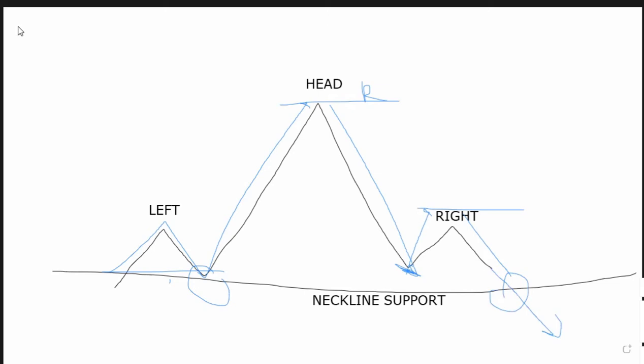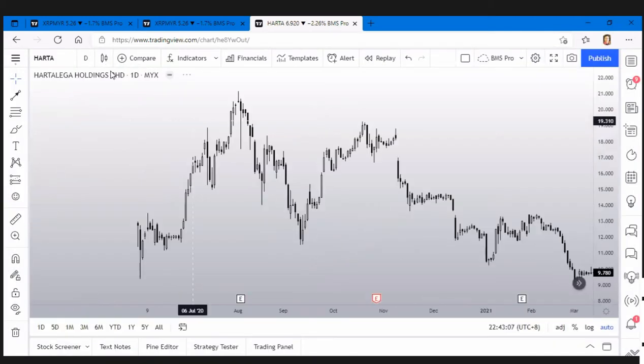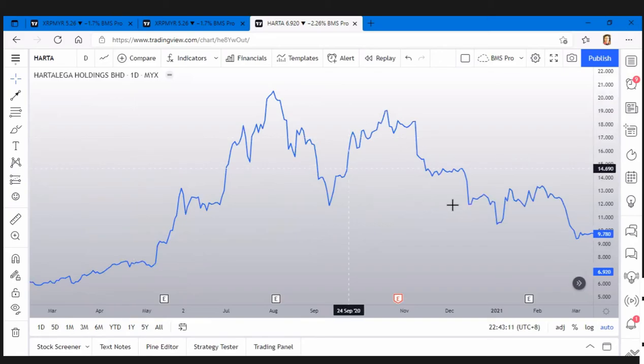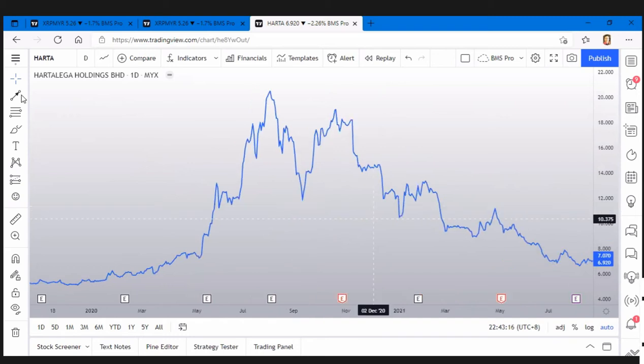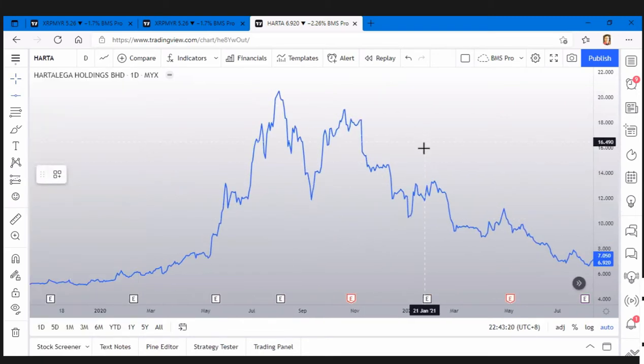All right, so there's a chart like this. Last time we saw one very obvious kind of head and shoulder. You can use the line to see the pattern. Yeah, you turn from candlestick to line, then you can see the pattern clearly. So you can draw the neckline somewhere around here.